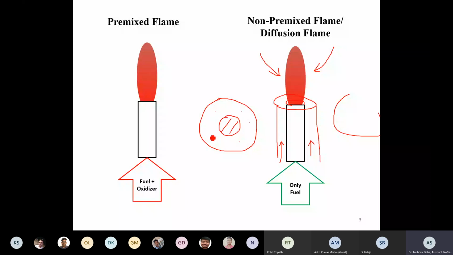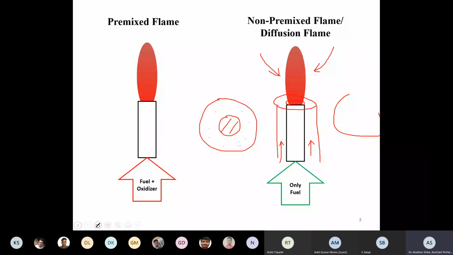Otherwise, you can have diffusion from air if you don't provide this. Is this okay? Any doubt, any question? Yes, sir. Fine. I'm simply talking about co-flow. Either you can have a jet flame or you can also provide co-flow. That's all. So that is the major difference between premixed and diffusion flames.